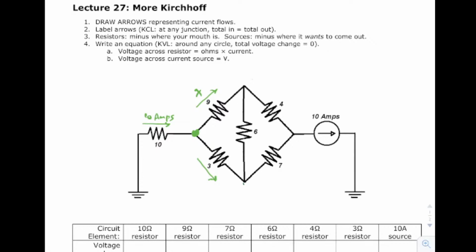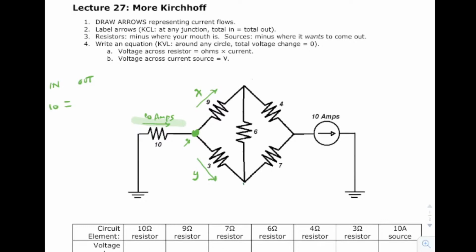So for now, I guess I could label that a Y, except as soon as you write a Y down, take a look at this junction and say what goes in, what goes out, and let's see if maybe I don't have to use a Y. What goes in, what goes out? Coming into this junction, 10 amps. That's what goes in. That's the only thing going in.